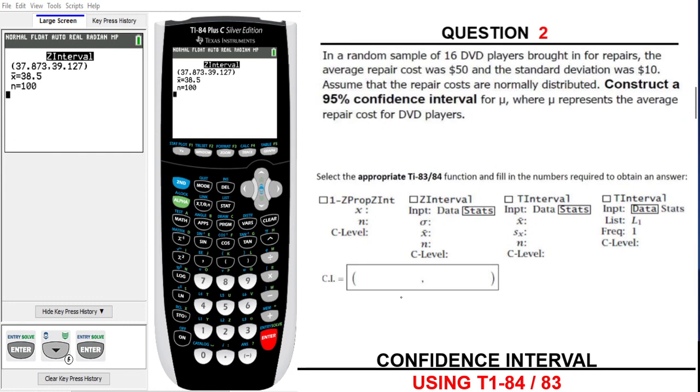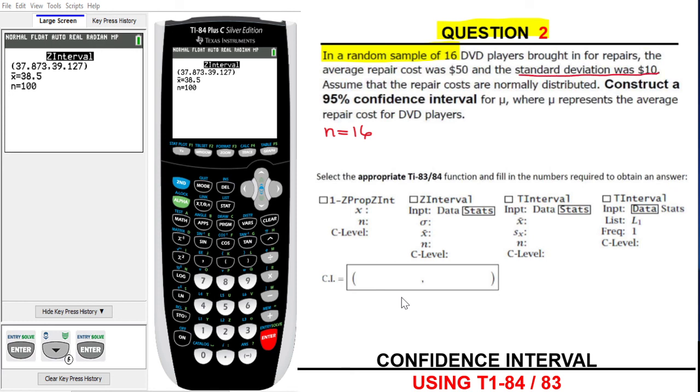In the second question, they told us that in a random sample of 16, the n is 16. Now it means we are leaning towards a t interval, but let's confirm other information. Only the sample standard deviation is given.